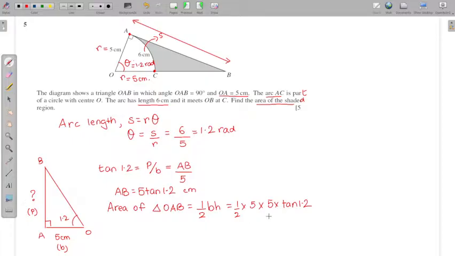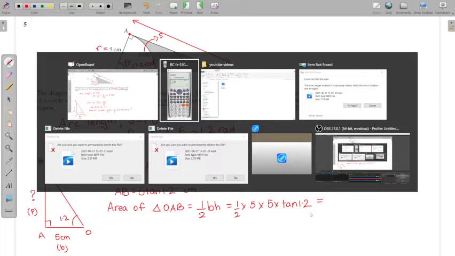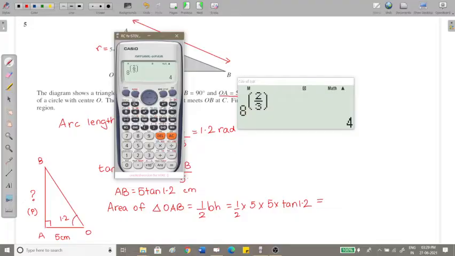So next, once we get this area, we can subtract the area of this sector from this value. And what is the formula for area of a sector? It is half r square theta. But before that, let's find out how much this is coming to. So again, let's use our calculator for that.